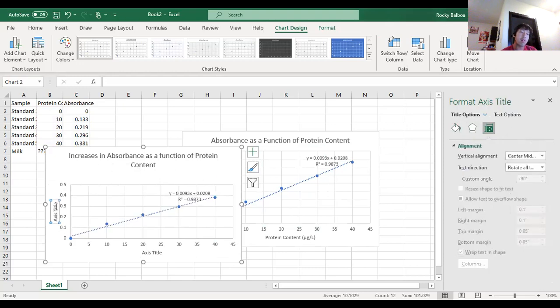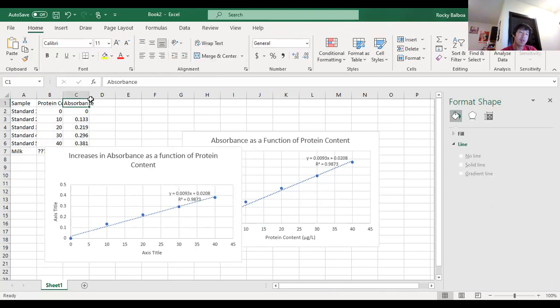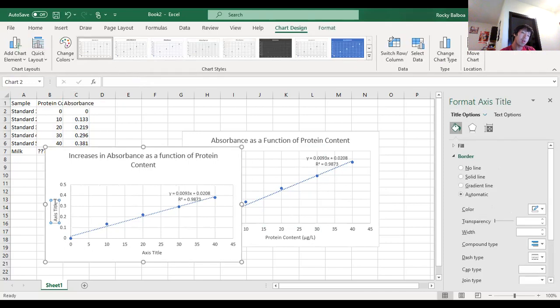Then we want our axis titles. The absorbance.